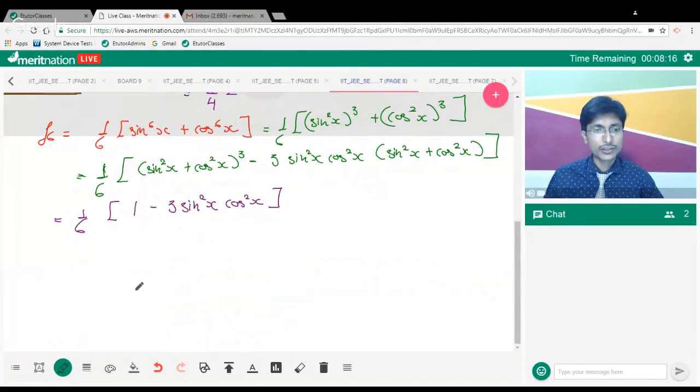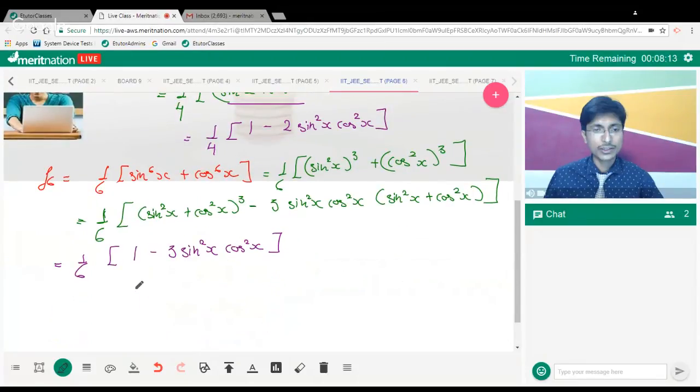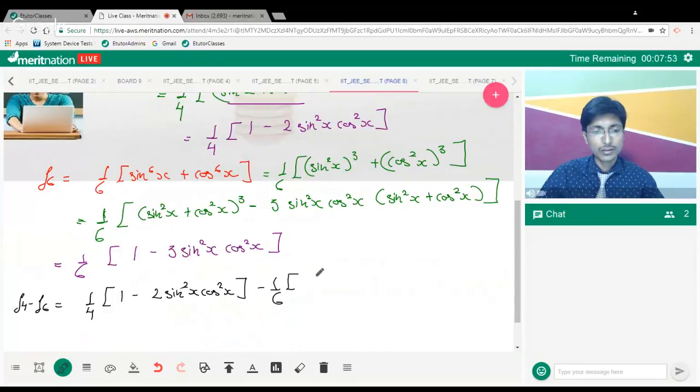So f4 is 1 by 4, in the bracket 1 minus 2 sine square x cos square x. And f6 is minus 1 by 6, 1 minus 3 sine square x cos square x.